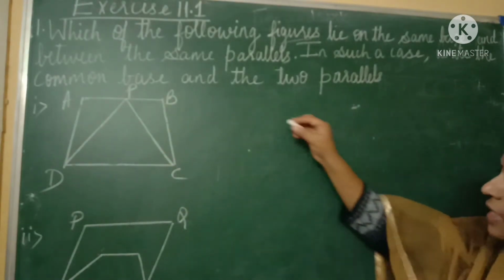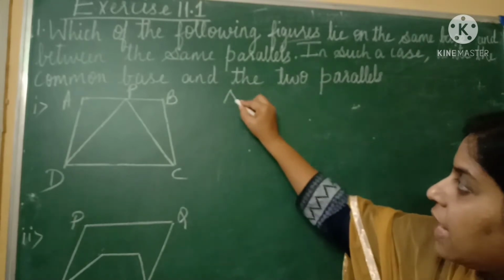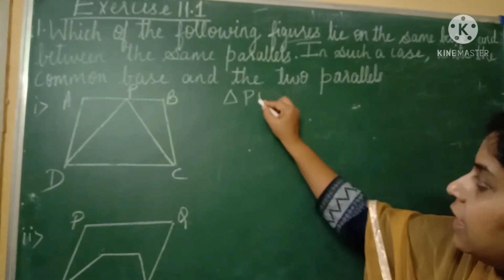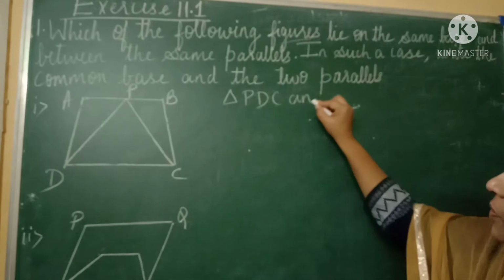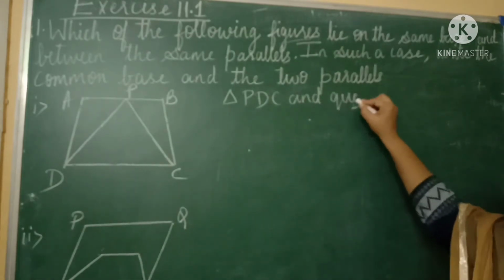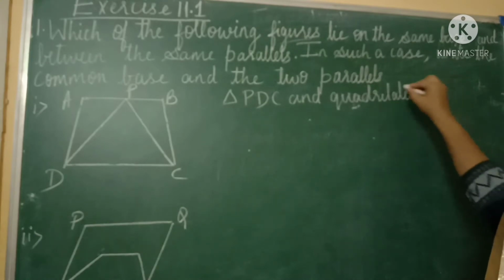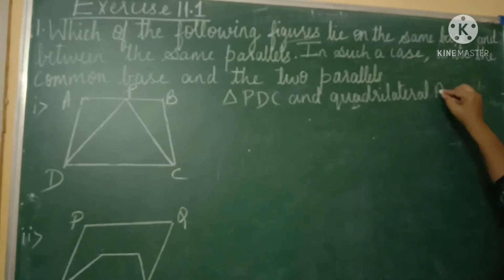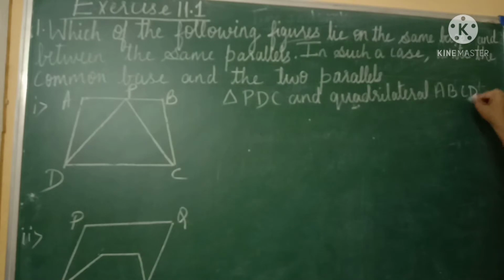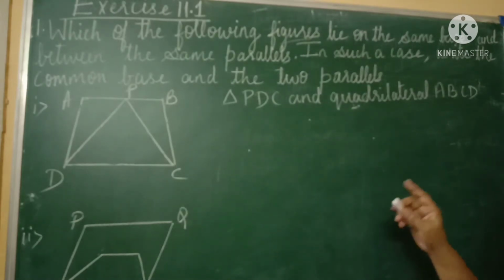So I can write here for the first question, triangle PDC and quadrilateral ABCD, both these figures are on the same base.